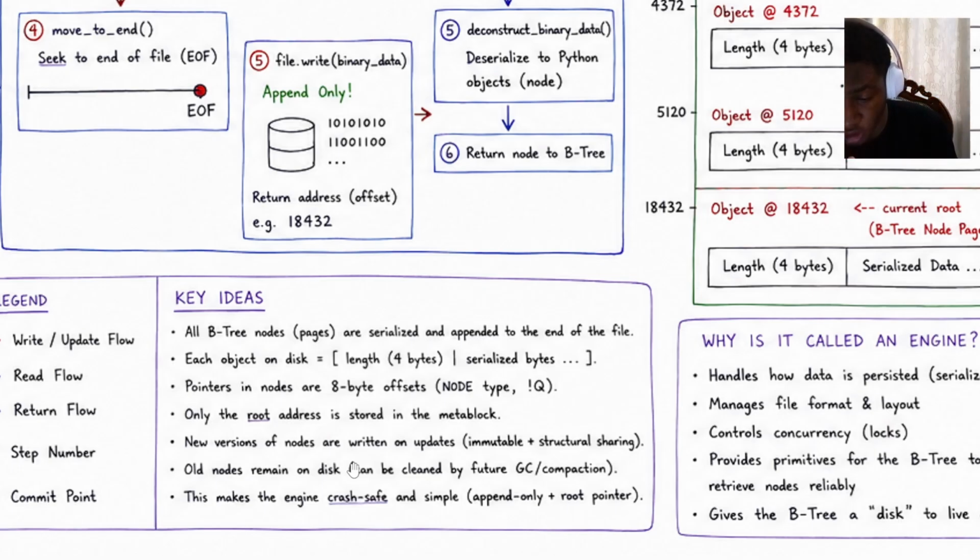Now this may also be a problem, because we are appending data to the disk, and you may ask, well, this will take up space on the disk. This is where compaction comes in, so that we can take care of old data.